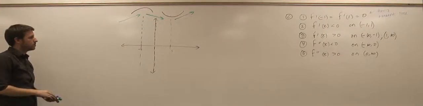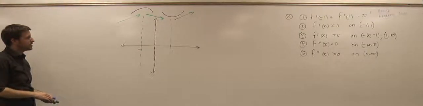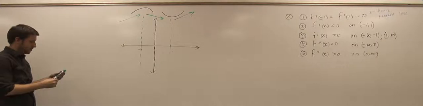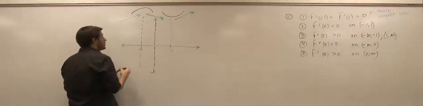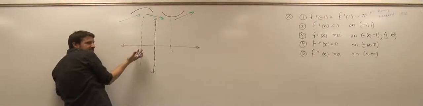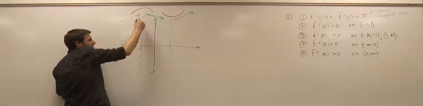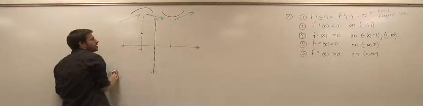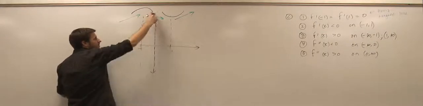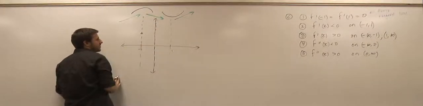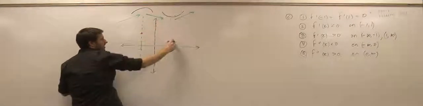So it looks pretty good, right? It looks like you can piece that together. You have a max. I don't know where the max is. It doesn't tell me any information, but I know I go from increasing to decreasing to a horizontal tangent line. So I have a max somewhere. At 0, I change concavity, so I'm going to have a point of inflection somewhere. And then over here, I have a min.